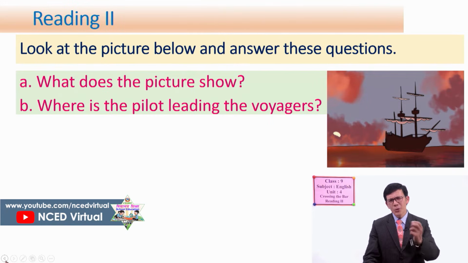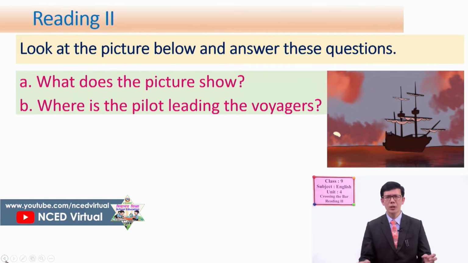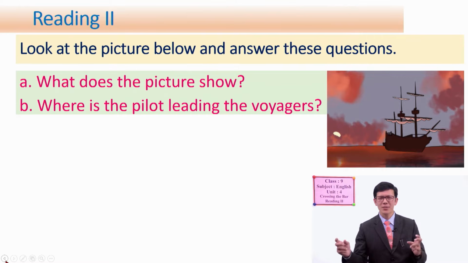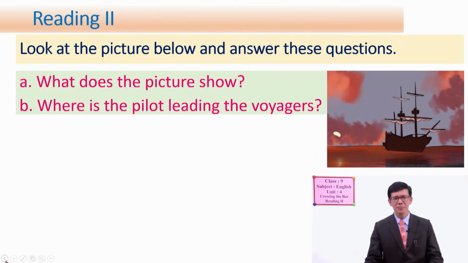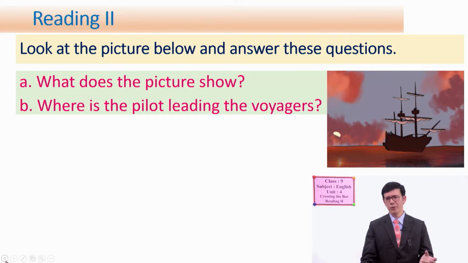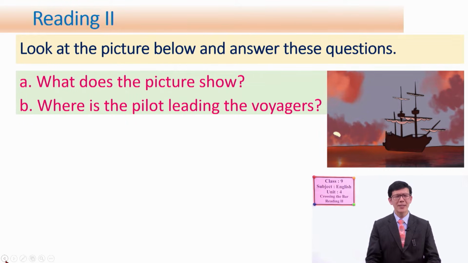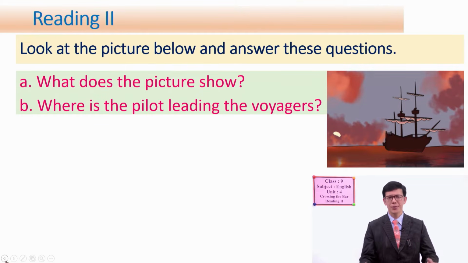Now, can you guess where the pilot is leading the voyagers? Do you know what voyagers are? Very good. Of course, who travels in the train? Passengers, travelers, right? So where is the pilot taking them to? Of course, good answer, okay?